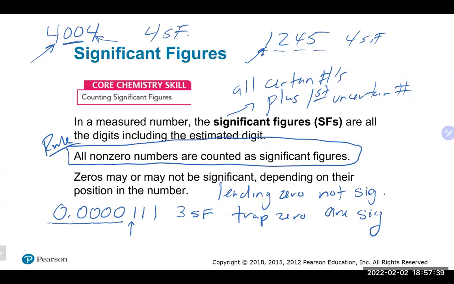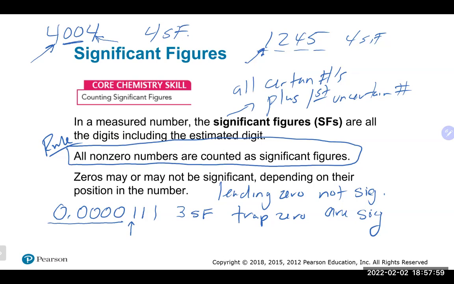Questions on that there? The last zero is really the one that gives everybody the hardest time. They are what are referred to as trailing zeros. They are the zeros that come at the end of a number. They could be significant or they may not be significant.